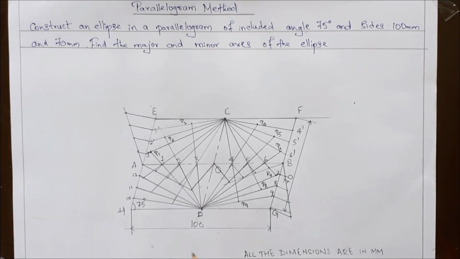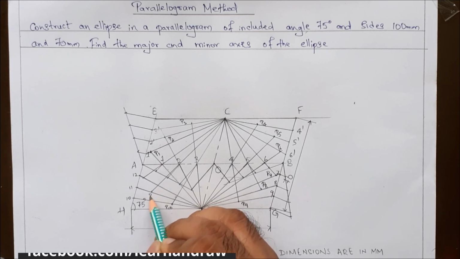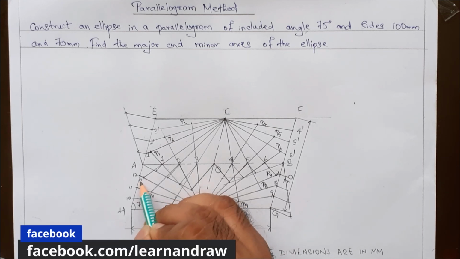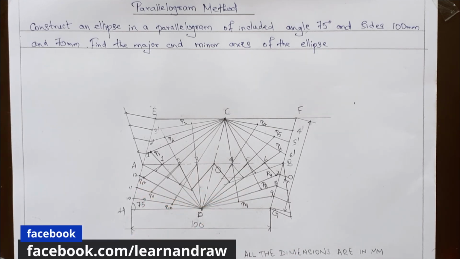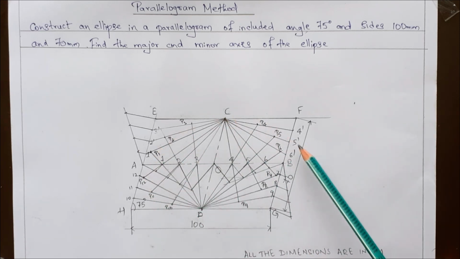Now let us name these points as P10, P11 and P12. Now let us join all these points which creates the ellipse.